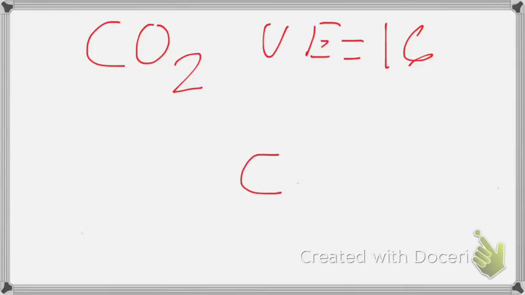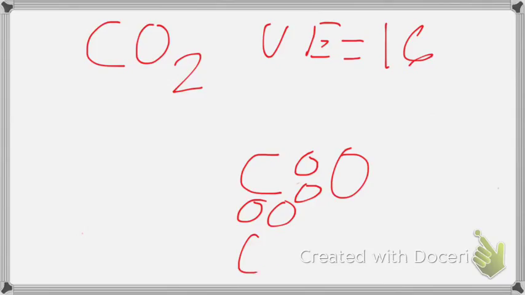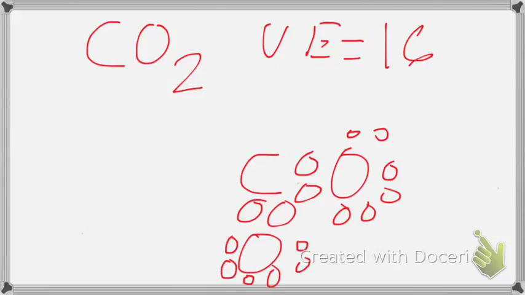We have our carbon, we have our oxygens, and then we have our lone pairs. So what I'm going to do is steal a lone pair from this oxygen and make another bond to that carbon. That creates a double bond.